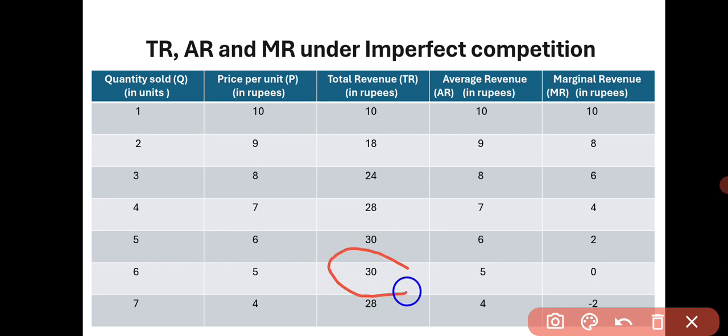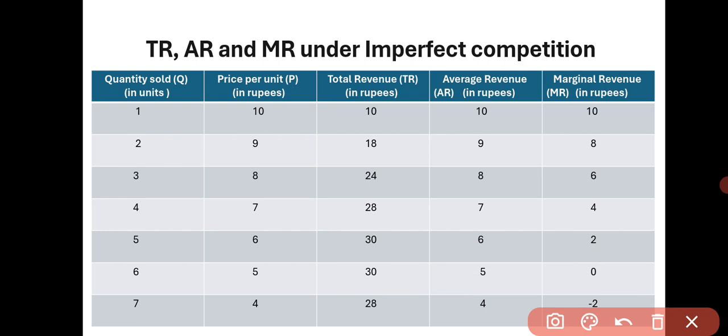This is the maximum point when the seller sells the 6th unit of the commodity. Total revenue is 30 rupees and it is the maximum amount. So, total revenue becomes maximum when the marginal revenue is 0. Marginal revenue 0 means total revenue maximum, right.